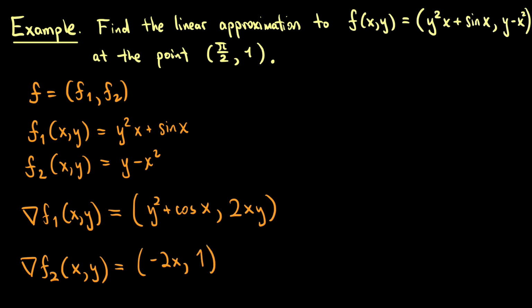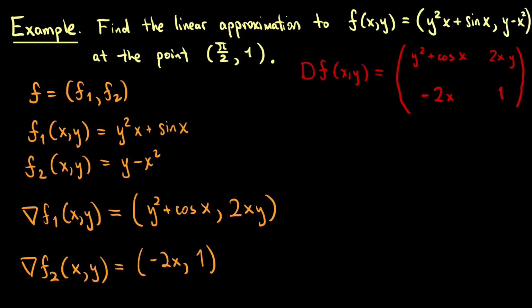Okay, so now I can write down the total derivative matrix. df of x, y is the following 2x2 matrix. I get y squared plus cosine x, 2xy. I'm putting the gradients of the functions as rows, minus 2x, 1. So this is my total derivative matrix.